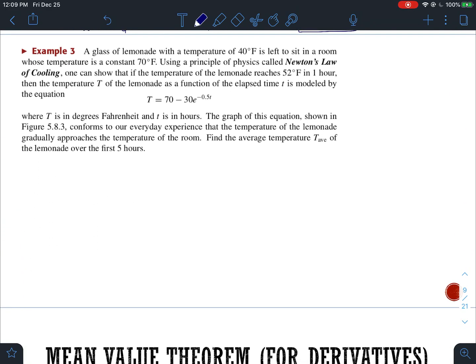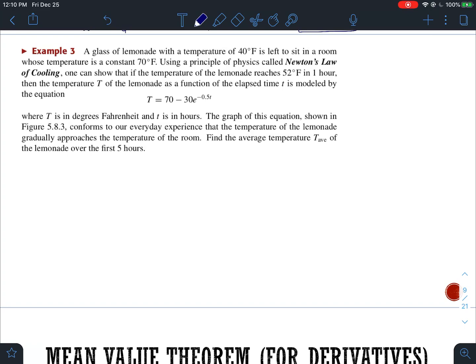All right, let's look at another problem. A glass of lemonade with a temperature of 40 degrees Fahrenheit is left to sit in a room whose temperature is a constant of 70 degrees Fahrenheit. Using the principle of physics called Newton's law of cooling, one can show that if the temperature of the lemonade reaches 52 degrees Fahrenheit in 1 hour, then the temperature of the lemonade as a function of the elapsed time is modeled by the equation T equals 70 minus 30 times e to the negative 0.5t, where capital T is in degrees Fahrenheit, and little t is in hours.